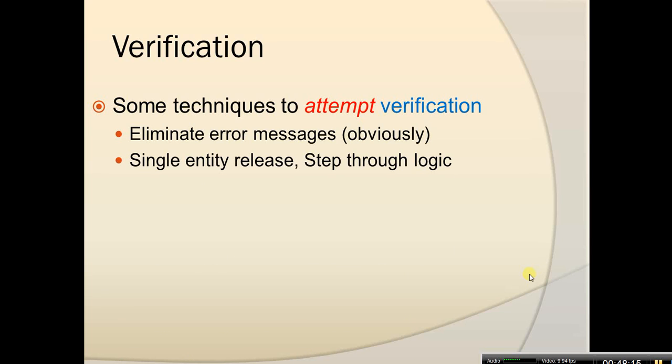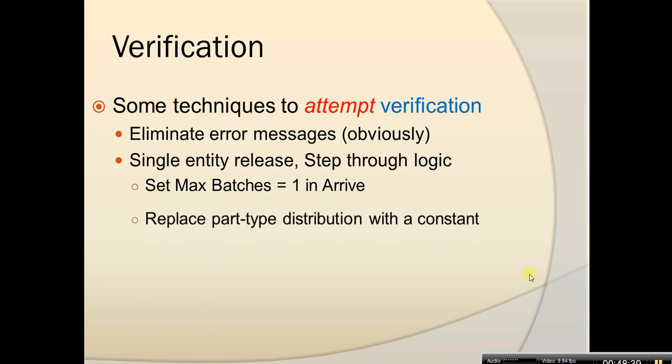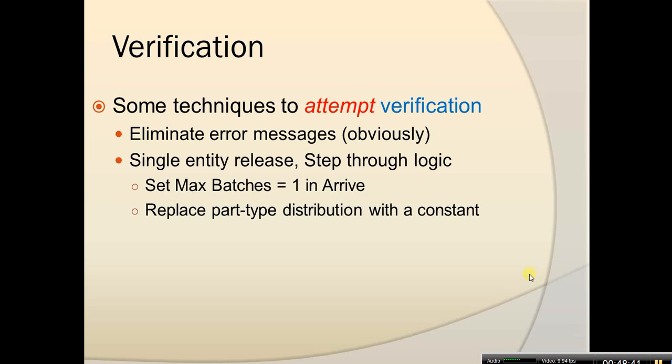Another thing is to look at single entity release and use the step through logic. You can use the step through to see whether things are happening the way you would anticipate the model to behave. You can also set the maximum batches as 1 in the arrival flowchart module, and you can replace the part-time distribution with a constant as well.